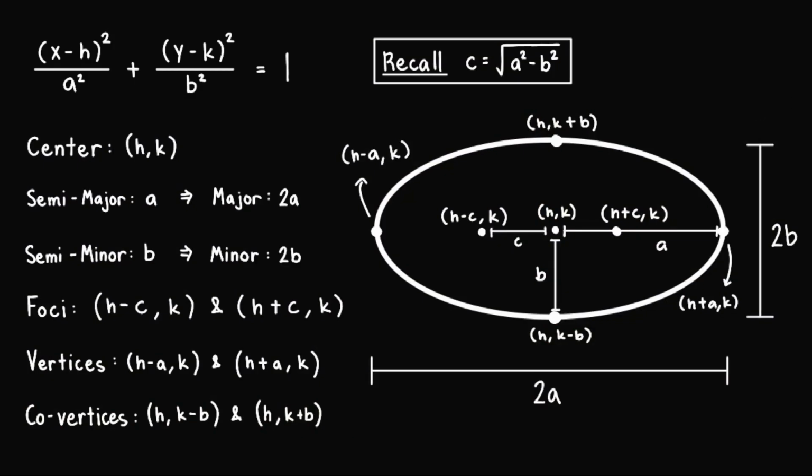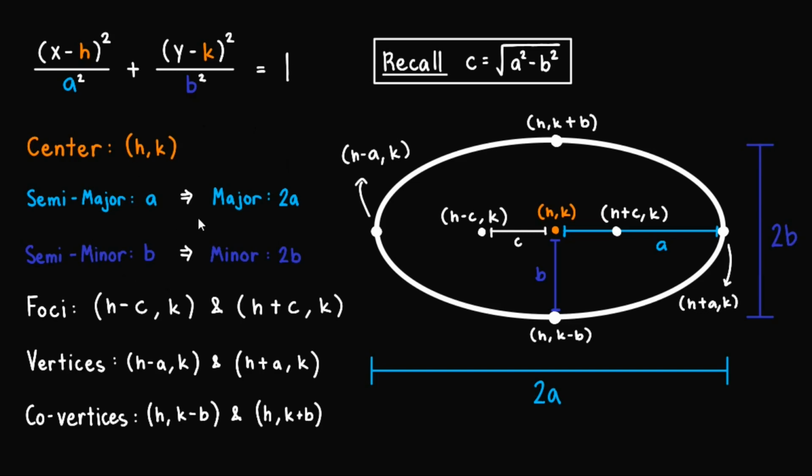To summarize, given this equation of an ellipse, that again we know is oriented horizontally, its center is given by the point h, k, the semi-major axis is given by a, which follows, we can obtain the major axis, just 2a, the semi-minor axis, which is just b, and to obtain the minor axis length, we just multiply by 2. So these first 5 parts are very easily obtainable.